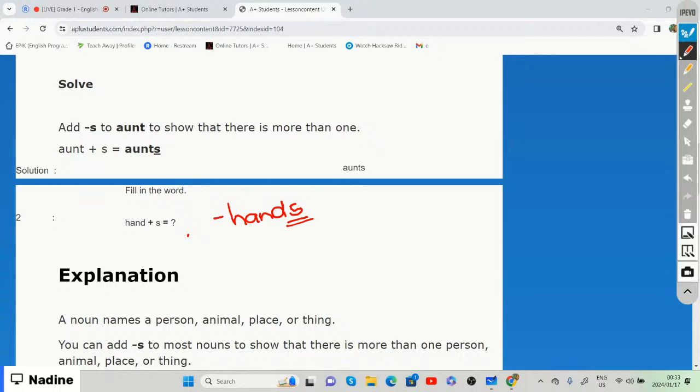It's one hand, but it's both hands. And we added the S. So we said hands as well as ants.